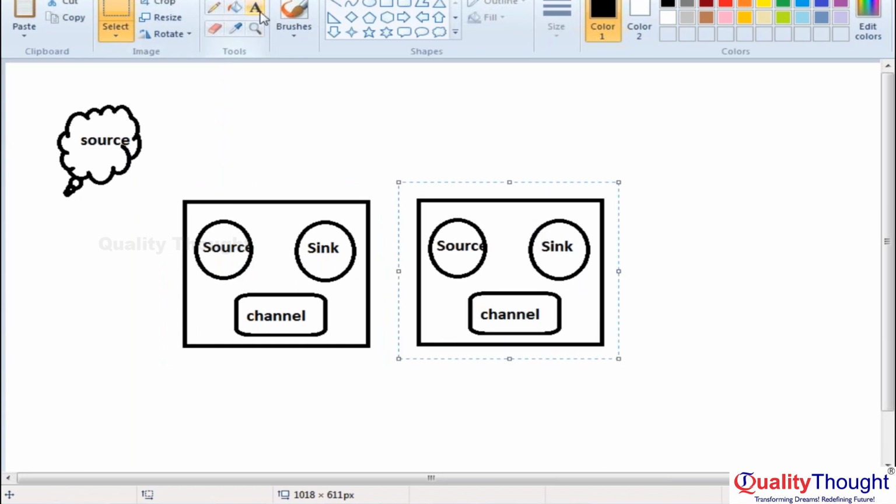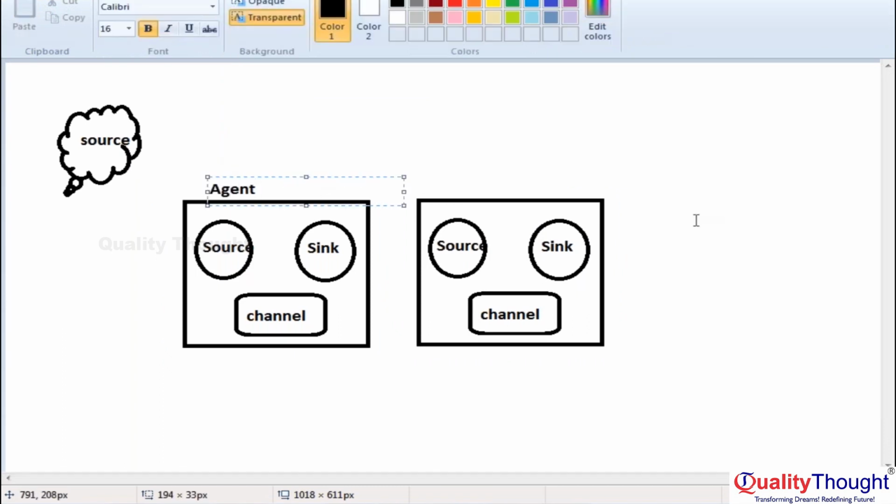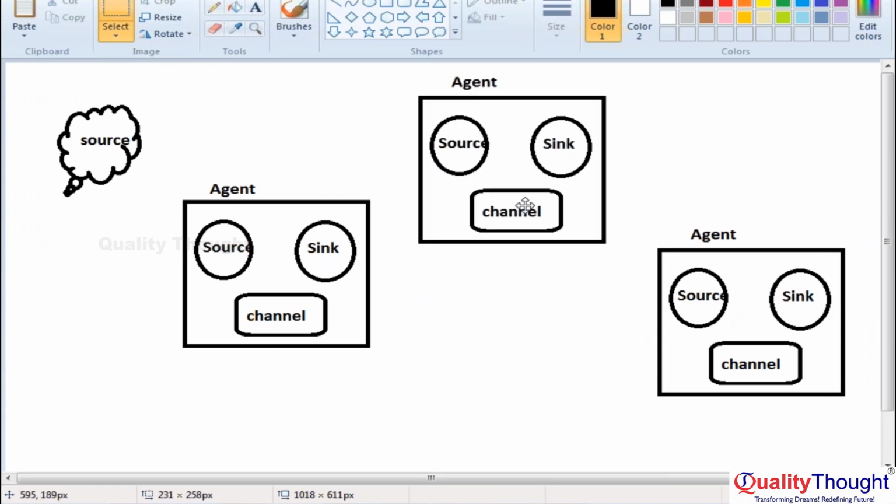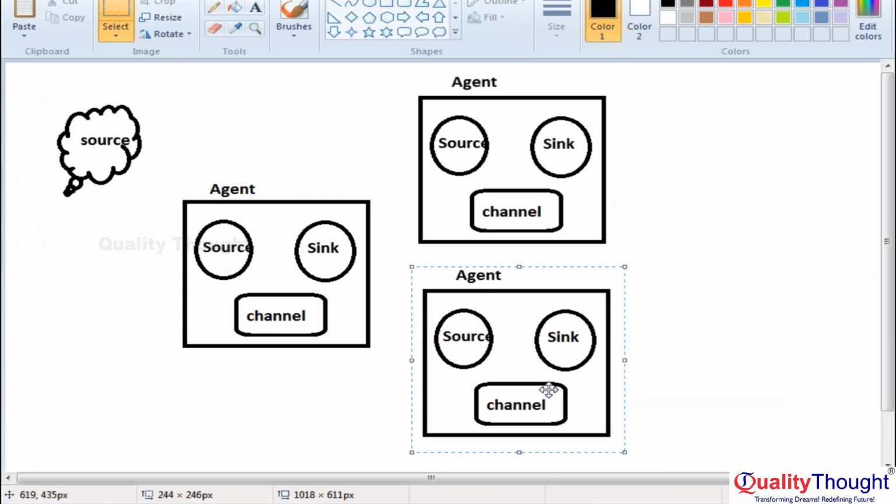It depends upon our architecture. We may have multiple agents. The source is capturing data and writing into the channel, and the sink is capturing from the channel and writing into another source.